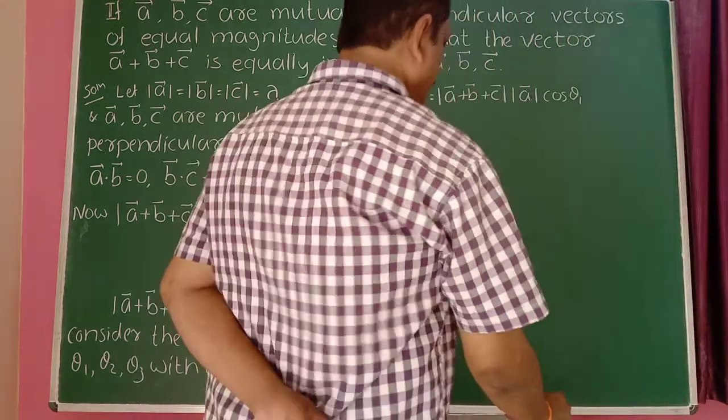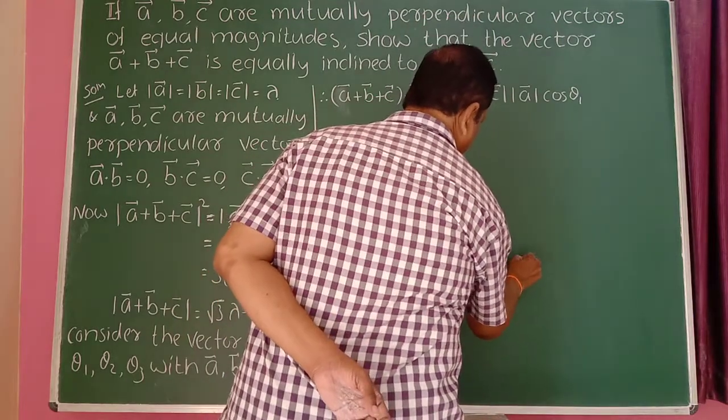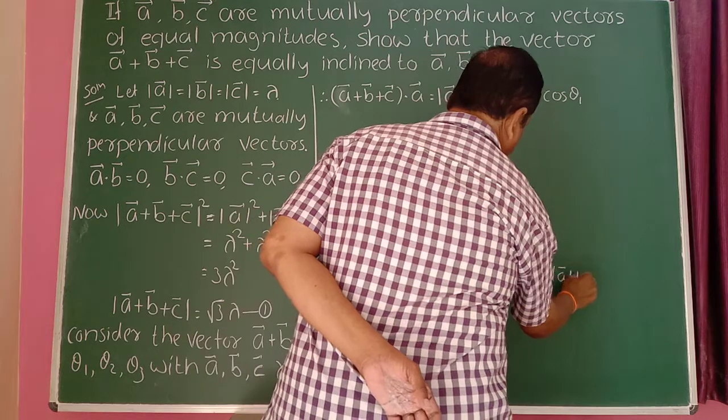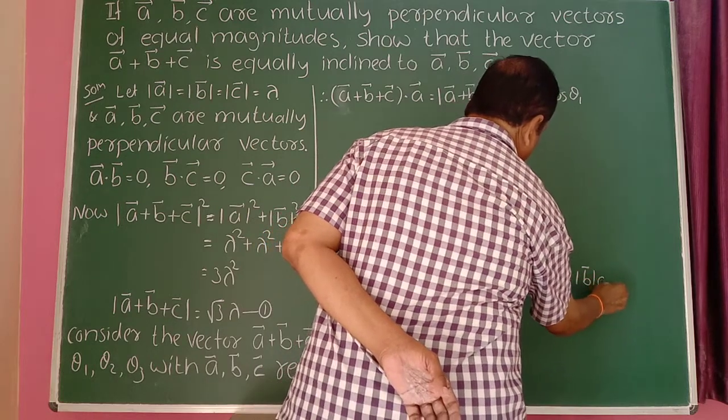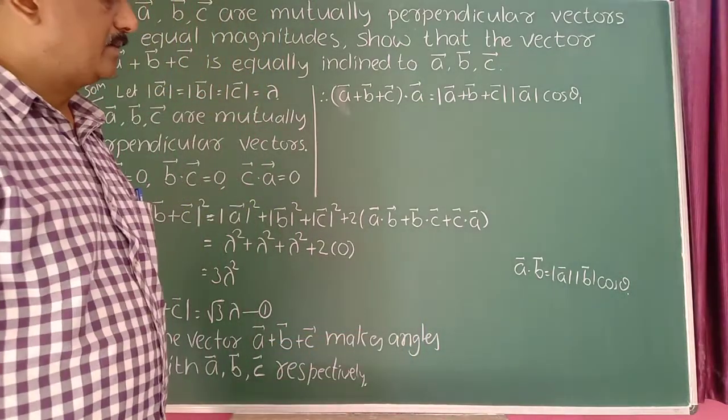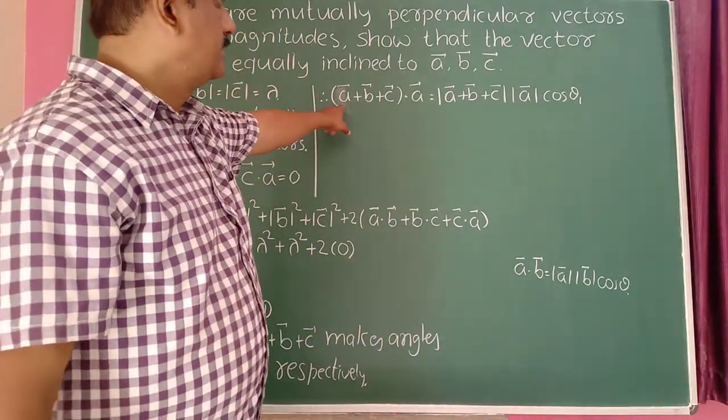You know this definition: A bar dot B bar is modulus of A bar into modulus of B bar into cos of theta, if theta is the angle between A bar and B bar. So we are using that result here.